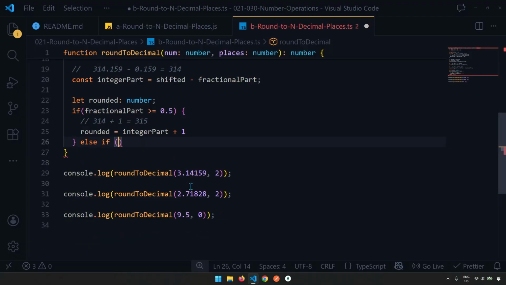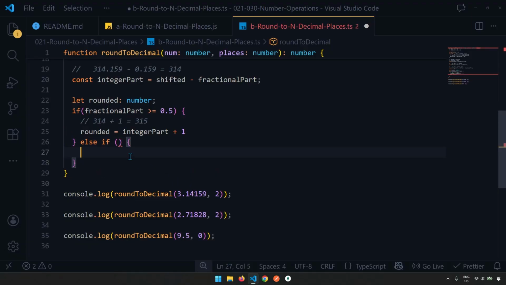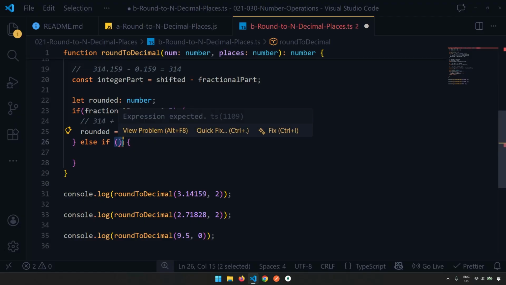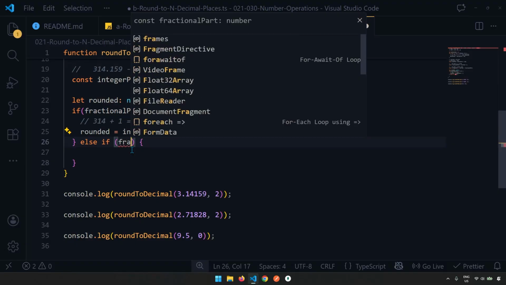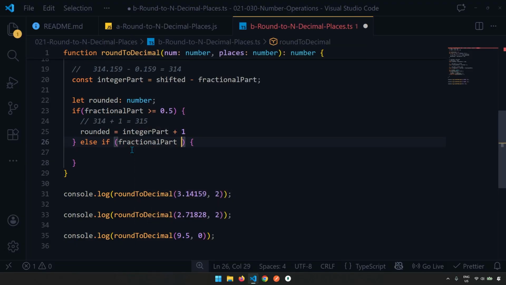Else if, we need to provide the condition, something that is going to be evaluated as Boolean true or false. So here is if fractional part is less than or equal to negative 0.5.